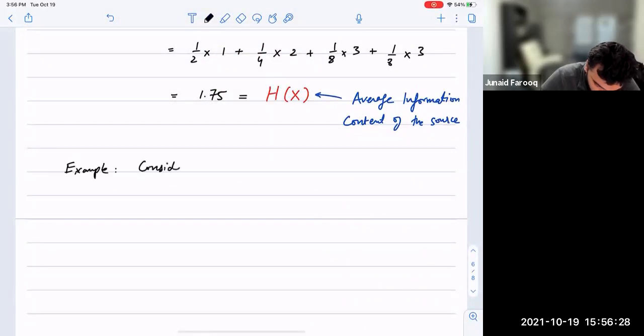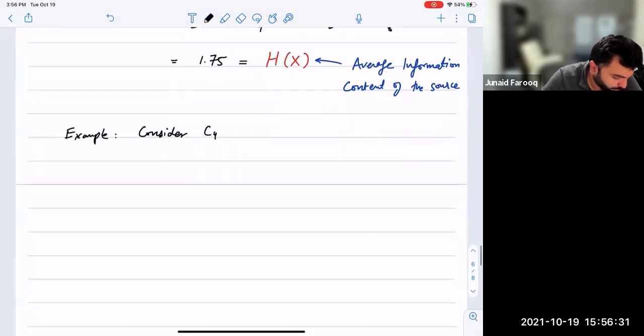Now let's take another example with another code. So consider C4 as follows.